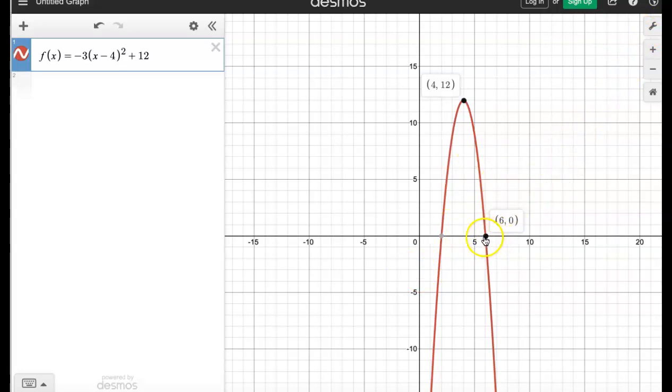I just need to verify that this function is according to the given problem, where it stated that the x-intercept is (6, 0) and the vertex is (4, 12). Then this is your final answer.